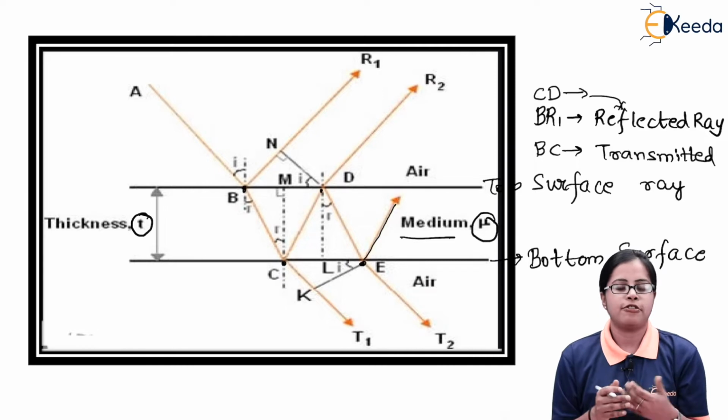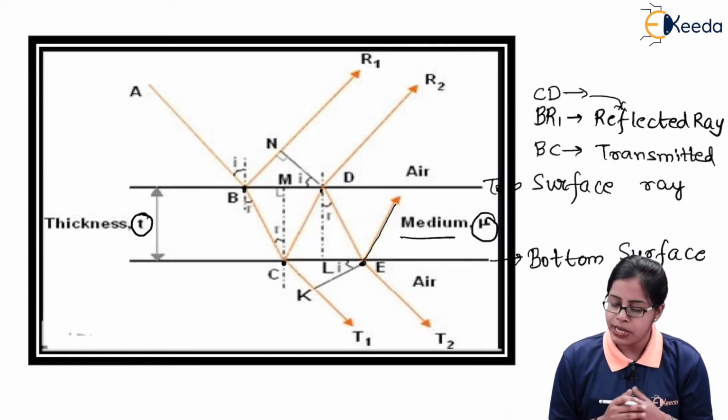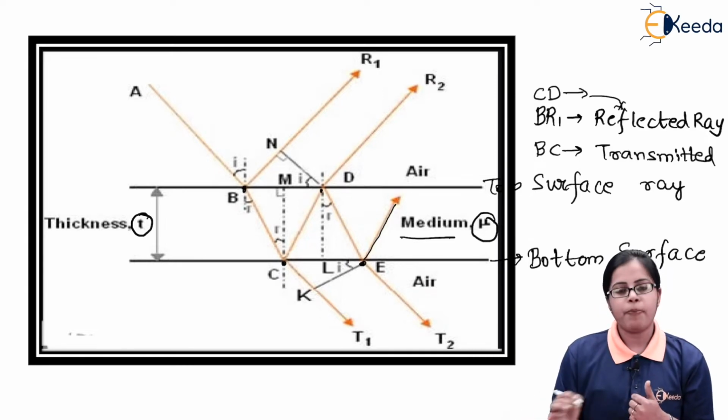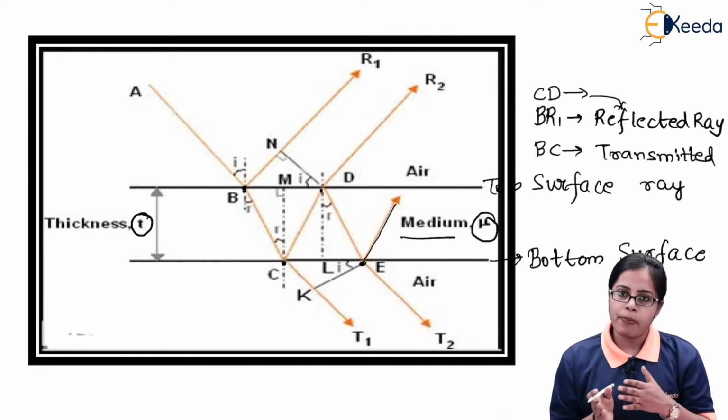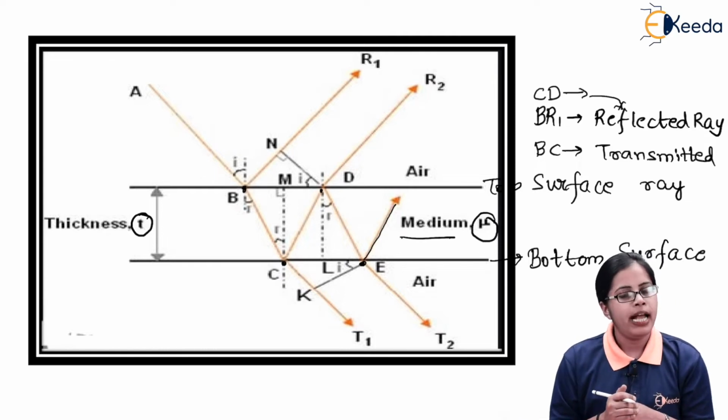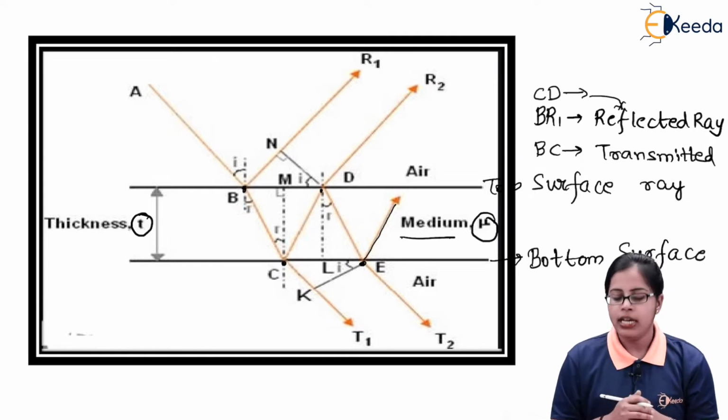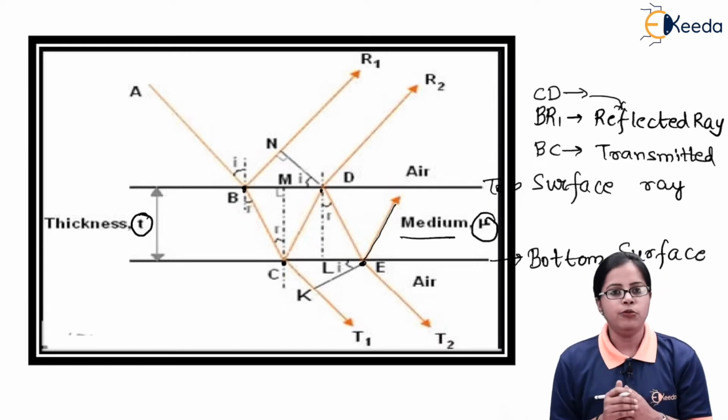At point E, again a small part is reflected in the thin film and the major part is transmitted along ET2.